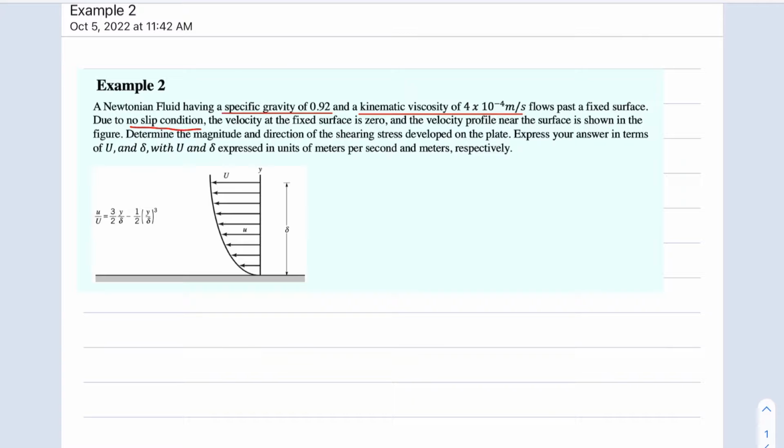Take note that the problem is also saying that due to the no slip condition, the velocity at the fixed surface is 0. That is referring to the plate that you are seeing in the bottom part because that is not moving. And the velocity profile near the surface is shown in the figure above.